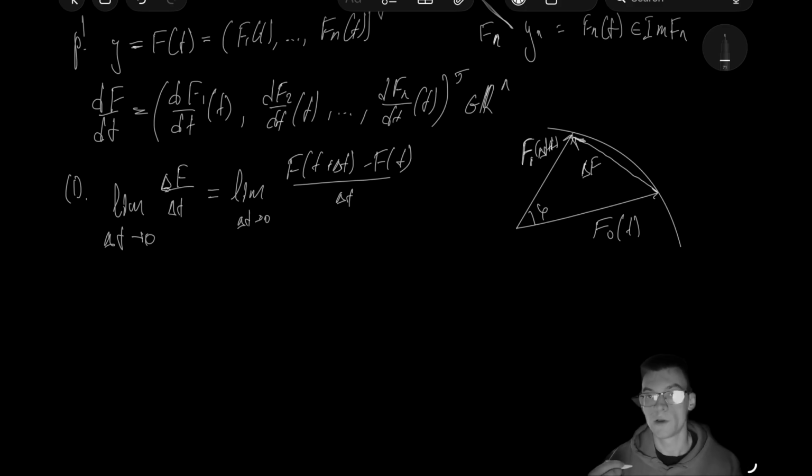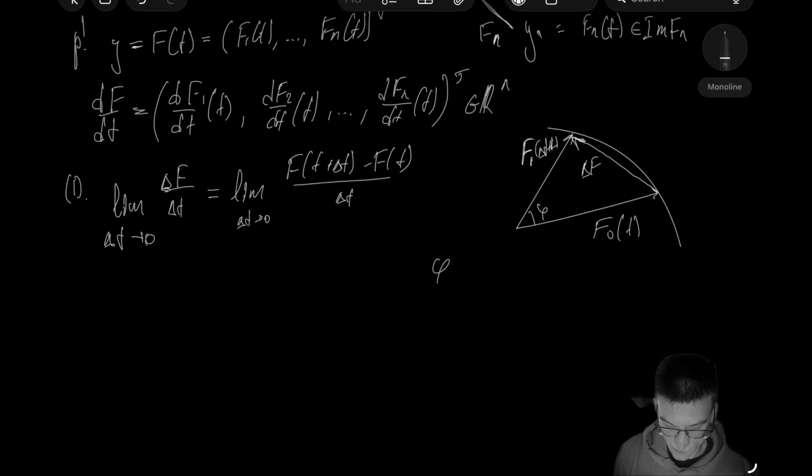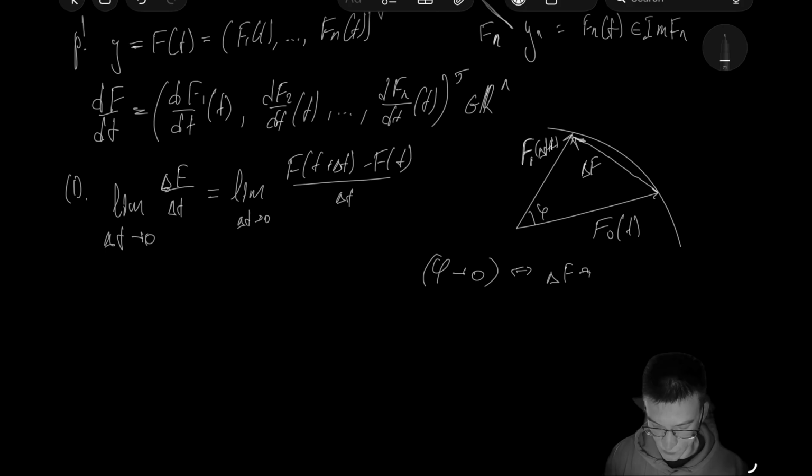It is perfectly viable to say that when our phi approaches 0, it is equivalent to saying that our delta f approaches 0, and this is equivalent to saying that delta t approaches 0 too.